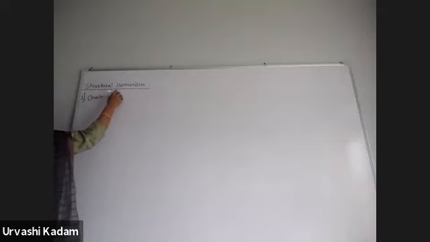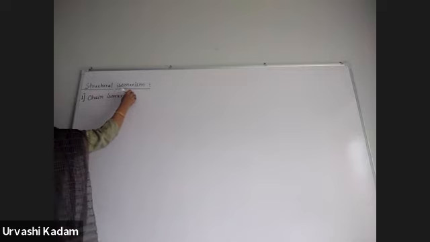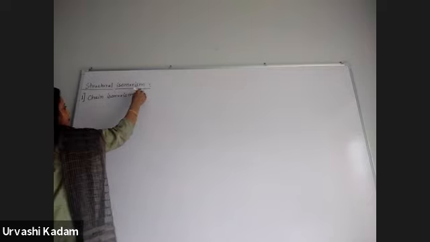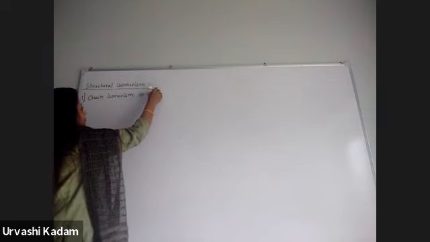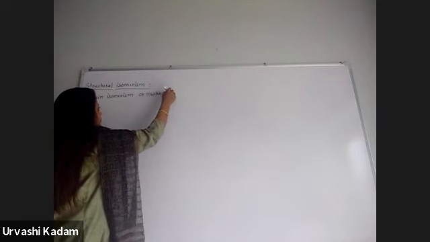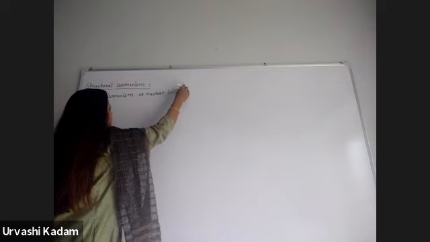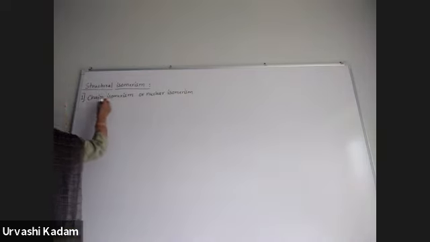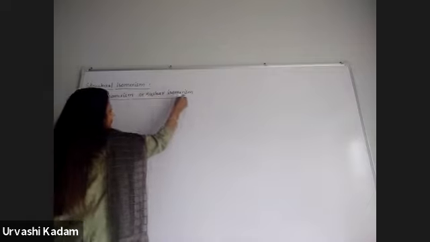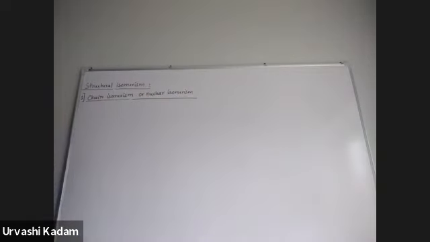So the first type is chain isomerism, also called nuclear isomerism. So what is chain or nuclear isomerism?